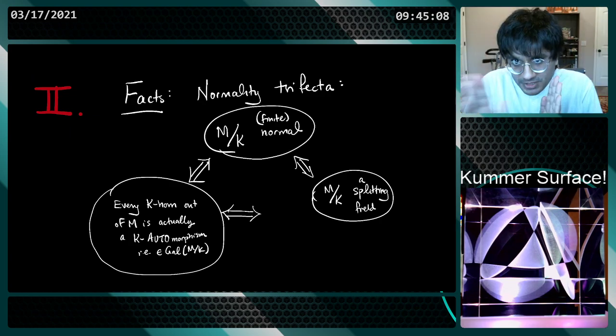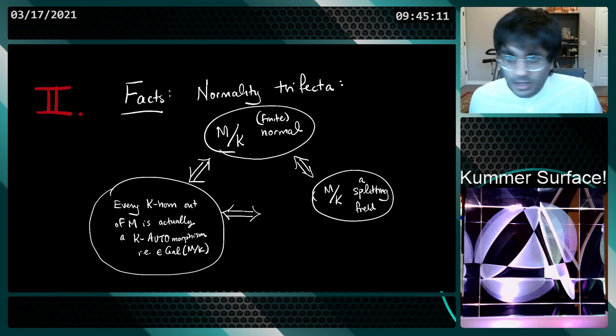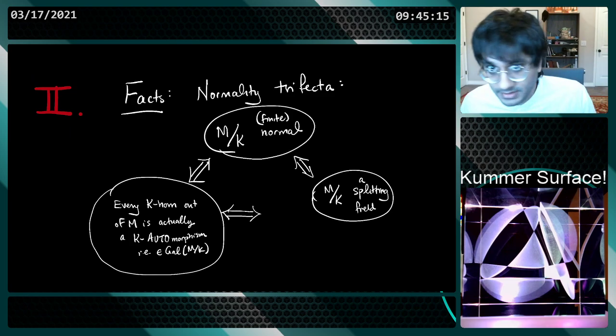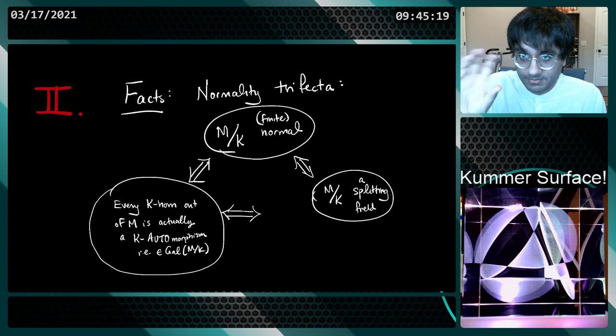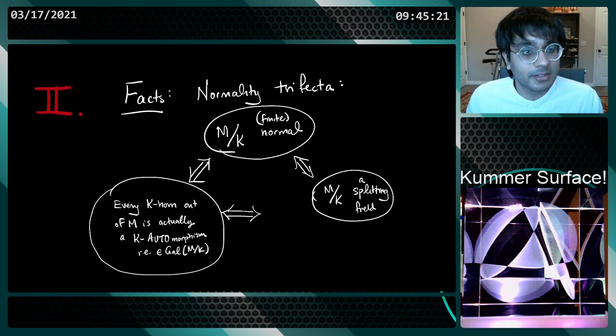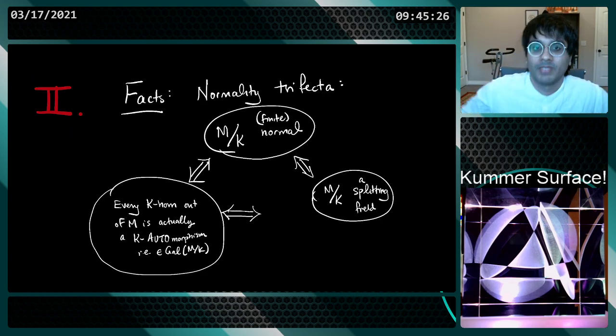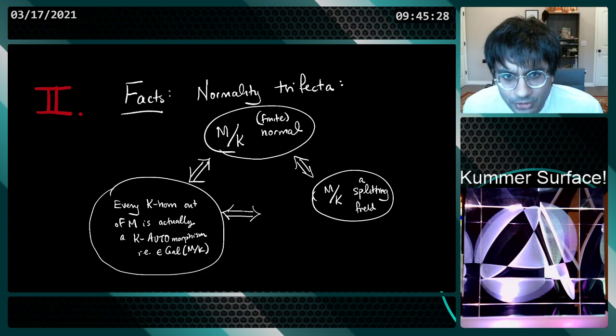Every K homomorphism of M into the complex numbers, say, or into the normal closure of M, necessarily, is actually just a scrambling of M within itself. Normality is expressed that way as well. Okay? So that's the normality trifecta.